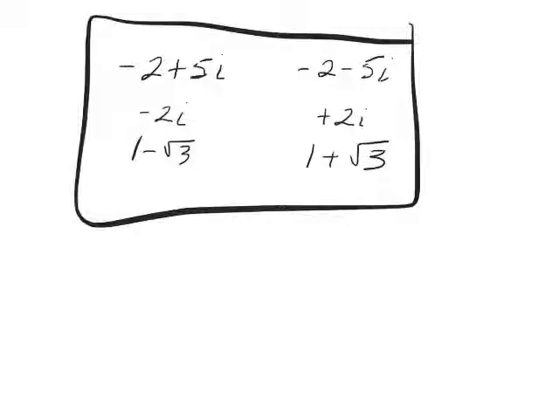Alright, let's look at example 4, middle of page 292. And it says find a polynomial function of lowest degree with rational coefficients that has 1 minus the square root of 2 as one of its zeros, and 1 plus 2i is one of its zeros.